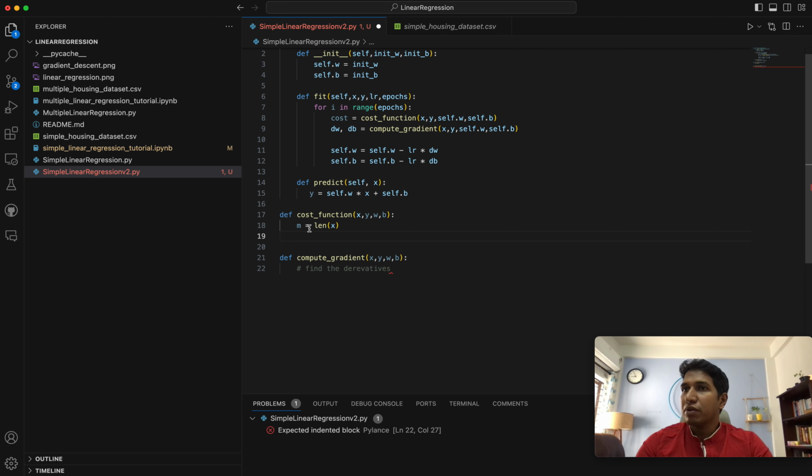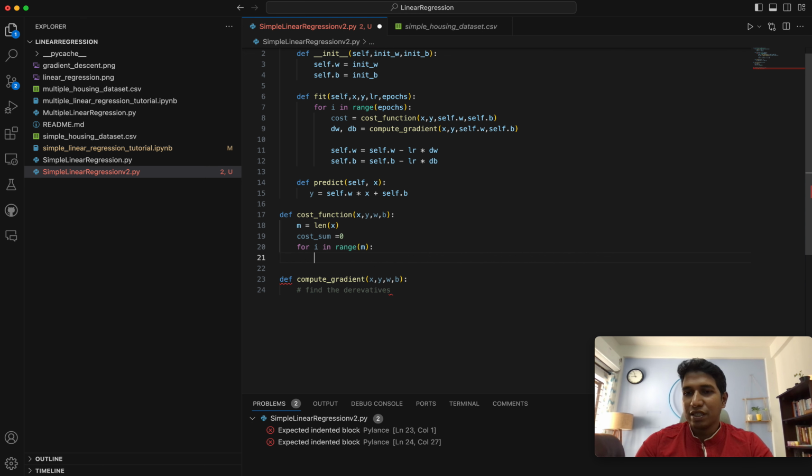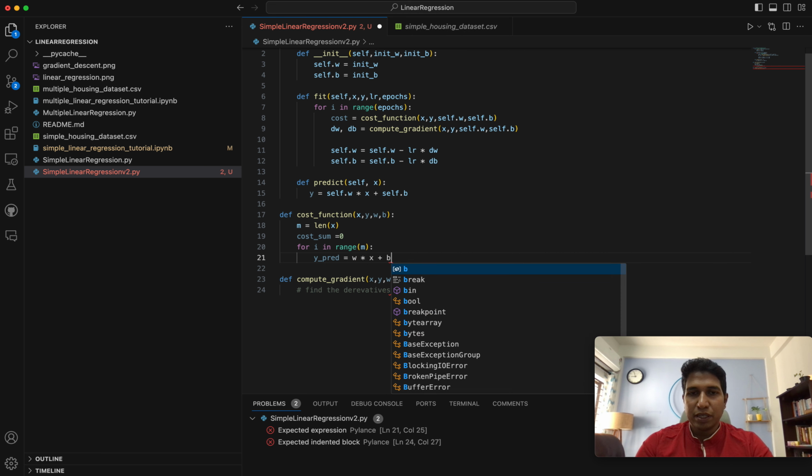So what would be our cost? Cost sum, let's initialize it to 0. Then for i in range of m, we iterate, and first we make a prediction with the existing w and b. So y_pred equals the same thing as here, self.w times x plus b.